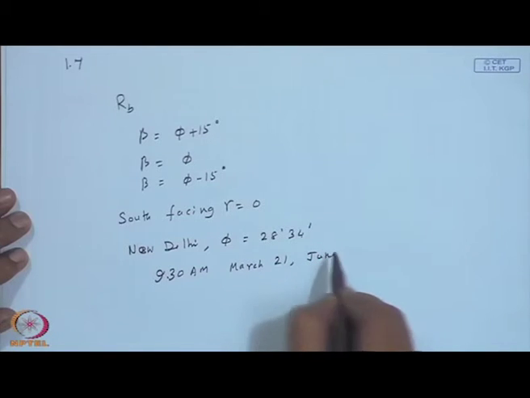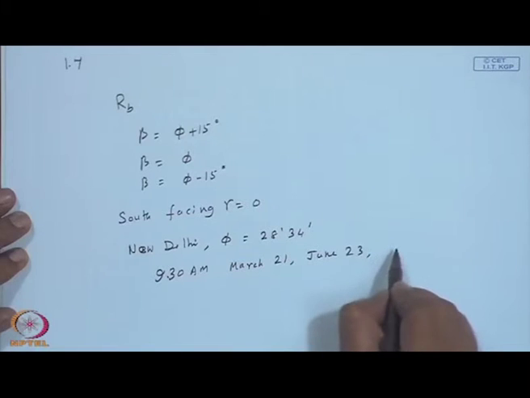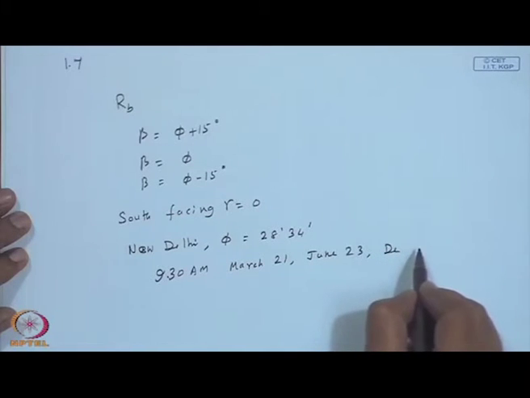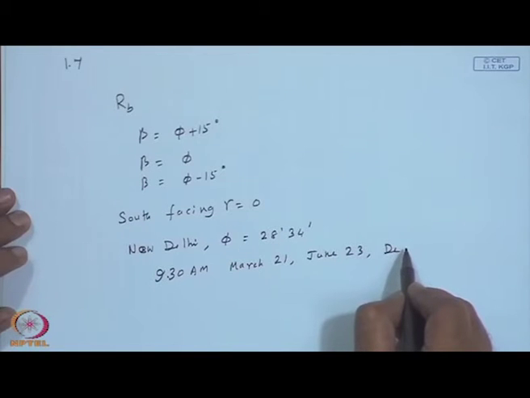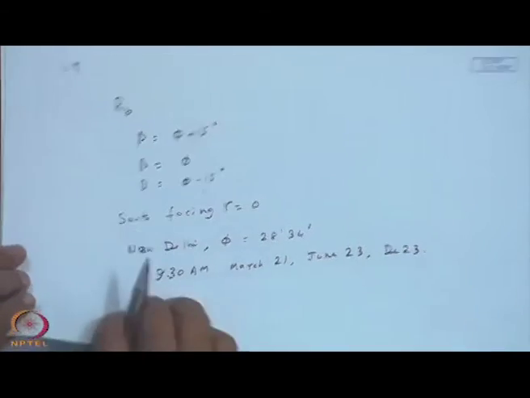Again, I thought I will pick up these dates to demonstrate the effect of extreme negative declination and extreme positive declination and 0 declination. Okay. So, this is south facing.